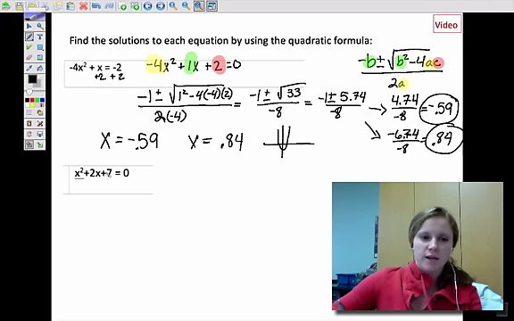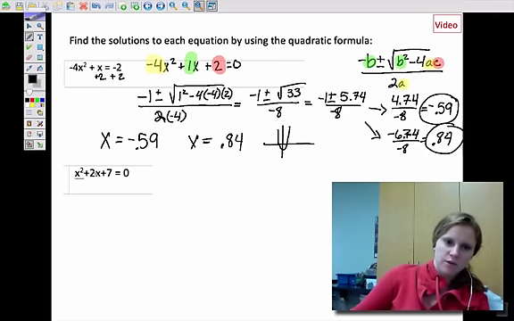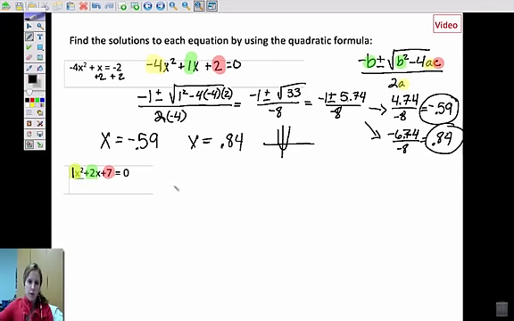Okay, let's try another one. So we plug and chug. We have negative b, which is negative 2, plus or minus the square root of 2 squared minus 4 times 1 times 7, all over 2 times 1.